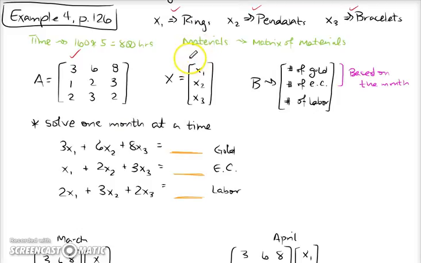We would of course know our X matrix because it's just taking those X variables. And then your B is going to be based off of the information that's given to you in terms of what the desired outcome is. So again, B is going to be based off of either desired outcome or available materials.